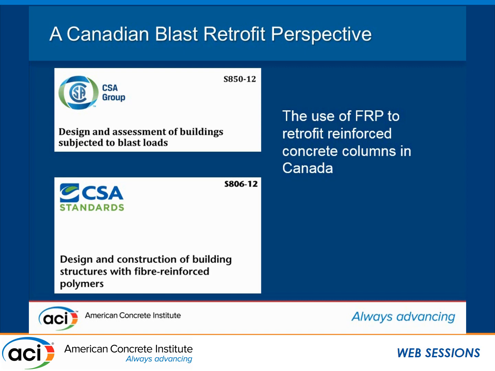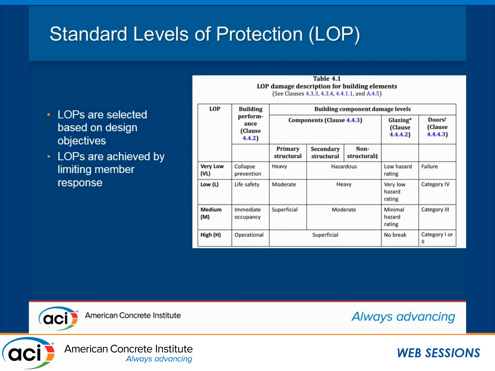But if we start to look at the use of FRP for retrofit in blast-resistant structures in Canada, we can see that first off, we have levels of protection, and if we're considering a column, we'd be within the building performance criteria, so a structural member rather than some component. And for a column, we should probably be in the higher level of protection to make sure that our structure doesn't come down upon us. But you can choose your level of protection based upon your design parameters.